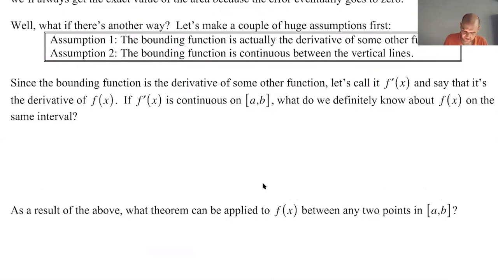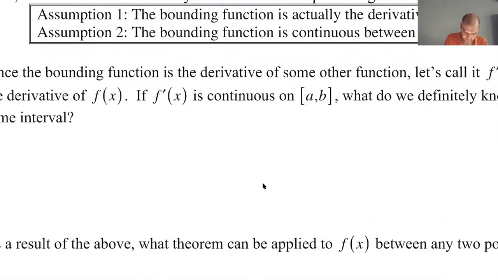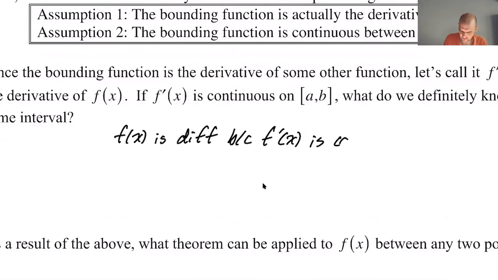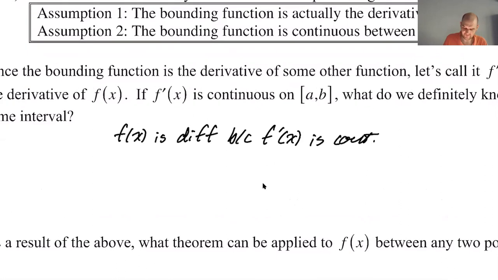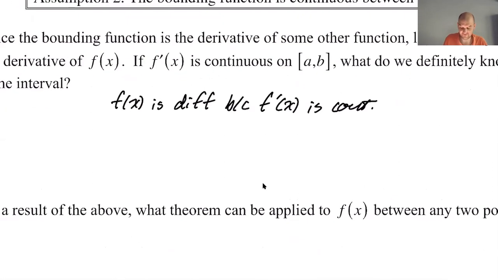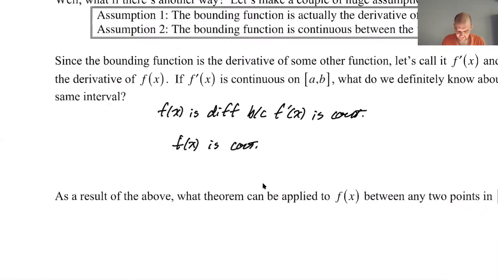If f prime is continuous, then that definitely means f of x is differentiable, for sure. And the fact that f is differentiable means that f is continuous. So f of x is also continuous.